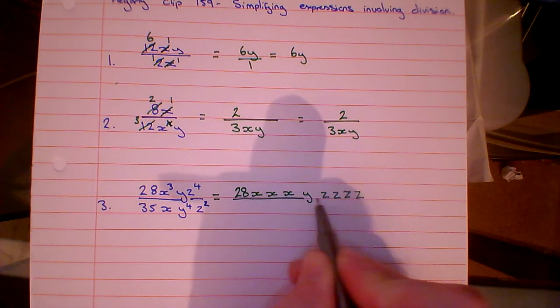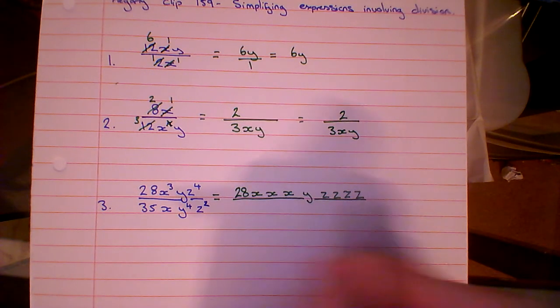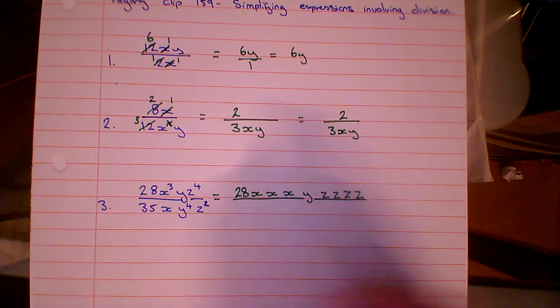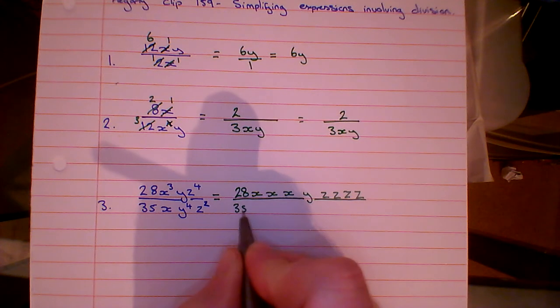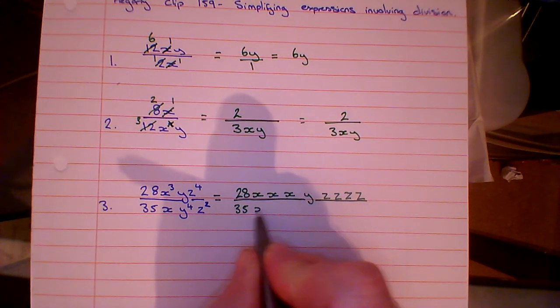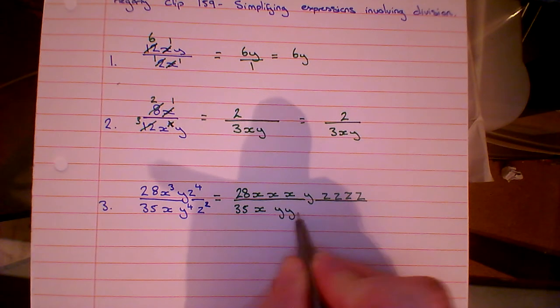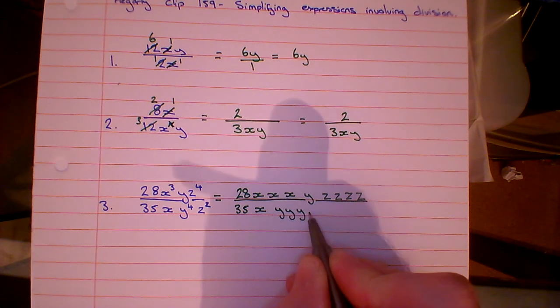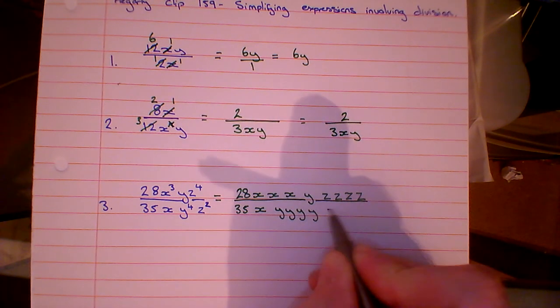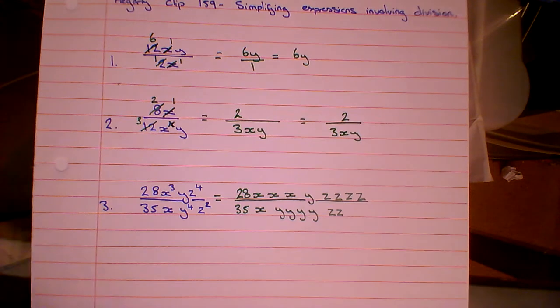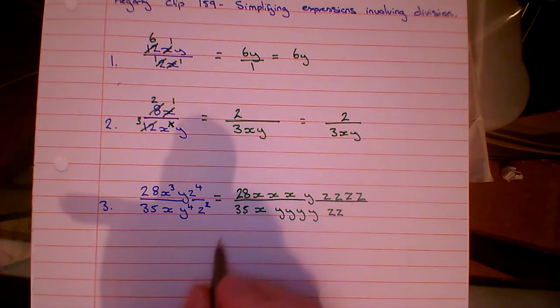Now remember, there is no multiplication sign in algebra, so I've just written them next to each other. On the bottom, 35xyyyyzz. Just to show you how this is going to cancel down.